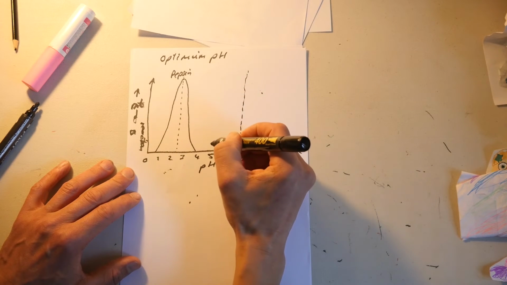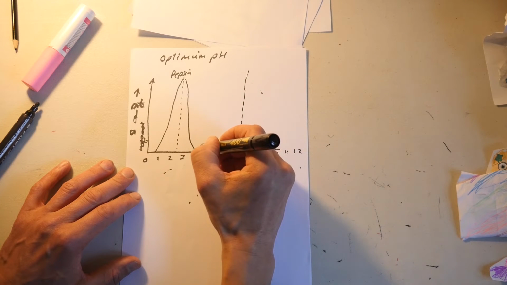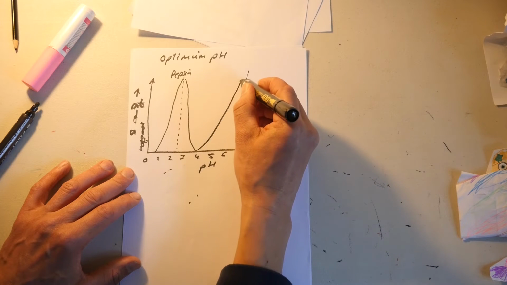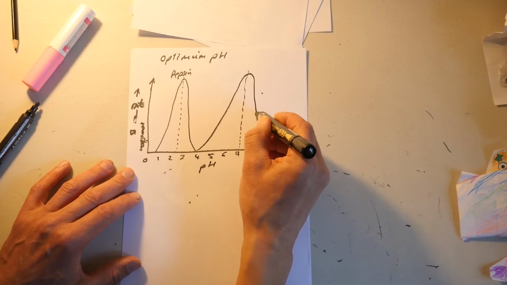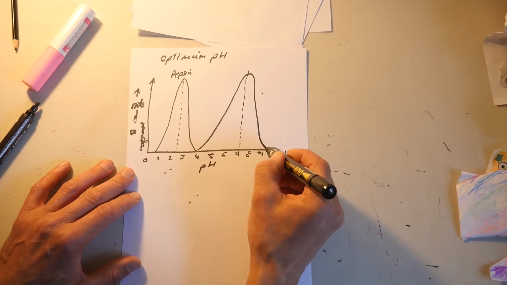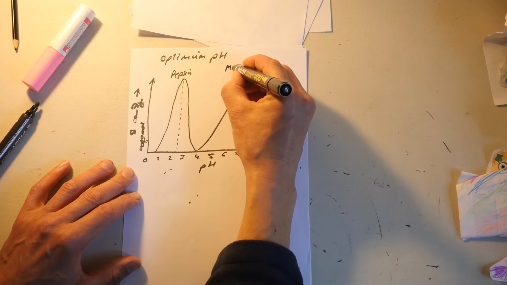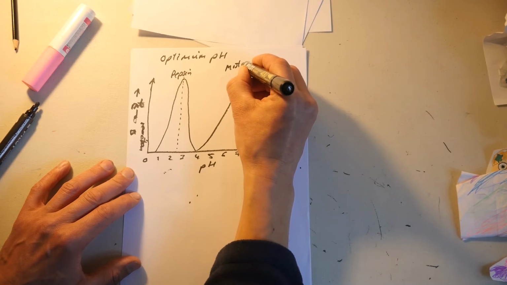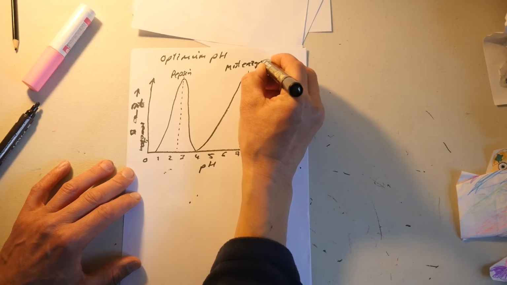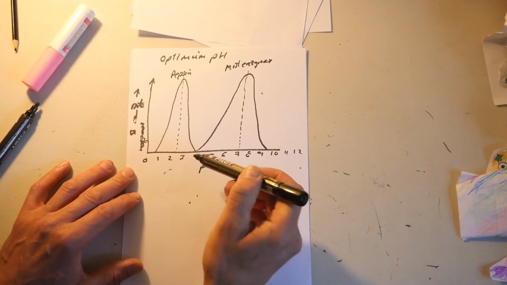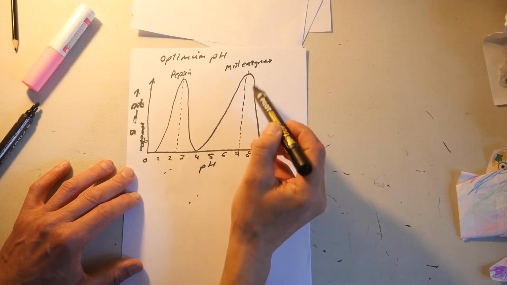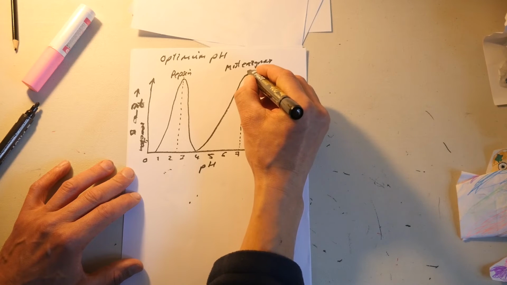So the next one is about pH 7, neutral. So this is most enzymes, most enzymes have a pH optimum of 7. I should have drawn the peak on that line, but slightly, okay.